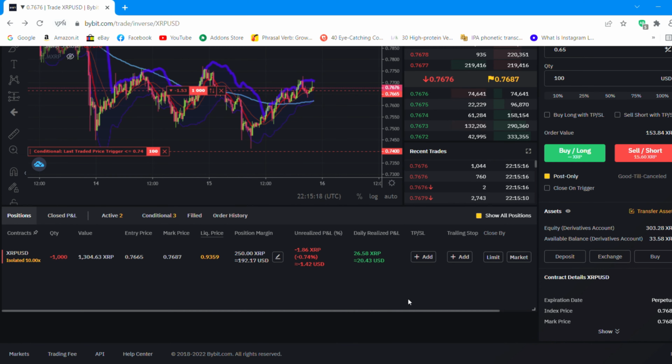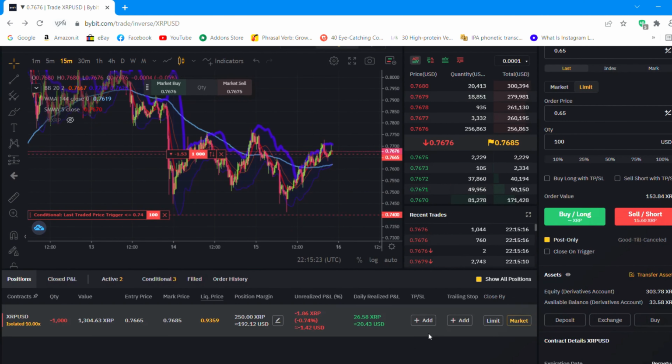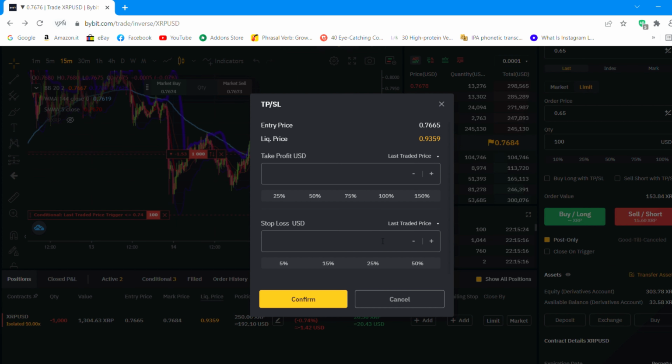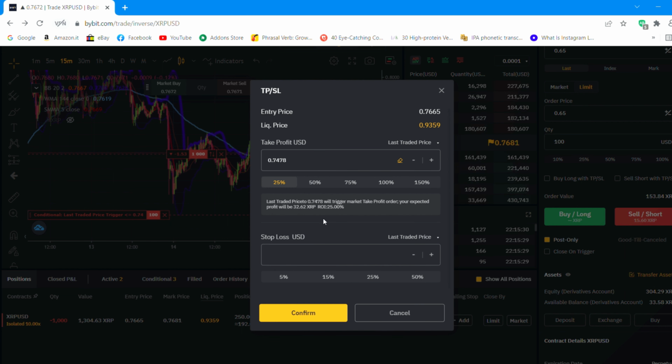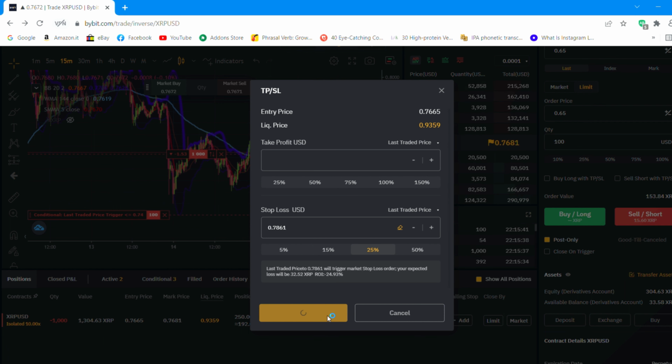The first one is, which is, again, how I got burned so many times as a beginner trader. Put a stop loss of, let's say, 25%. So if I put in the stop, sorry, that's the take profit. Erase. A stop loss of 25%. Confirm.